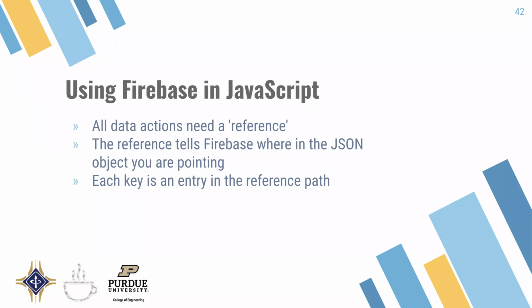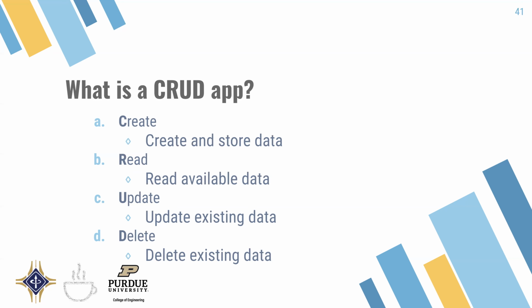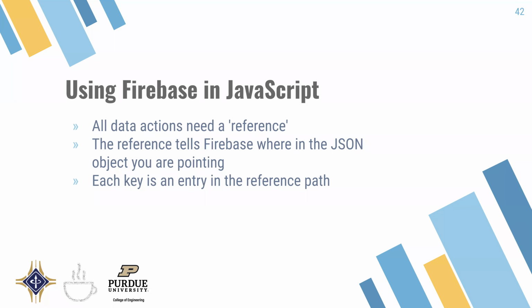All of our data actions need a reference, because the reference points to the location in the JSON file where the object that you're pointing to exists. So it's like a key, basically. For every function that is used to make these actions happen, we need the references.